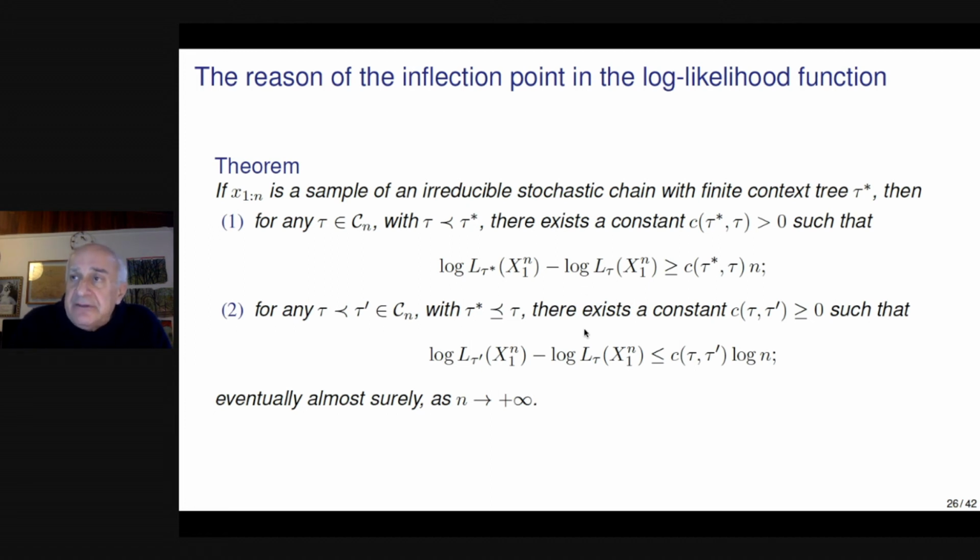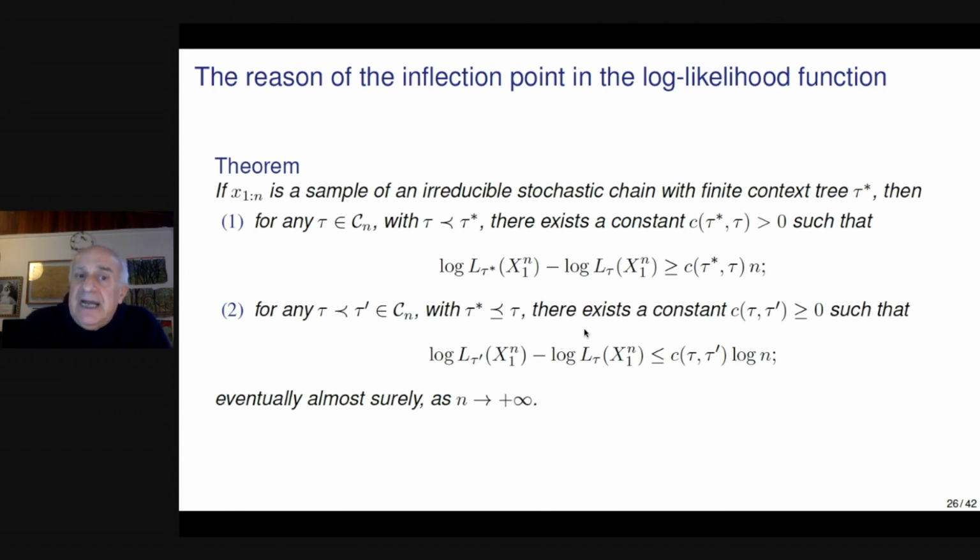And this second theorem tells us that before we get to the correct champion tree tau star, the log likelihood increases by an amount which is greater or equal to a constant times n.